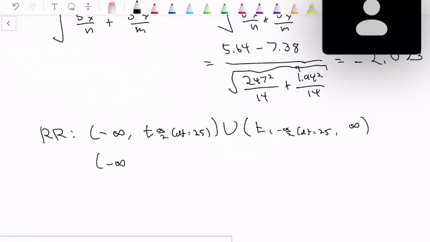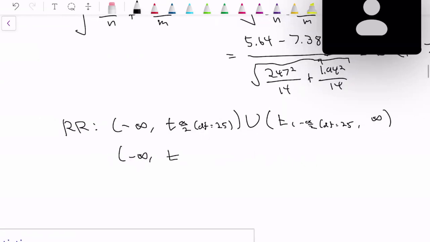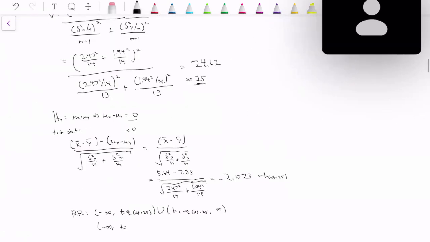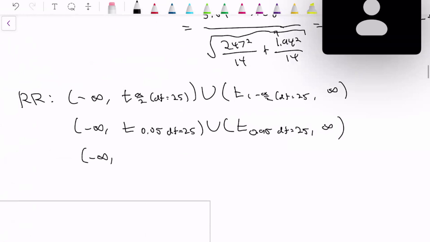Again, you'll be given the table values. So this is negative 1.708 union 1.708. Oh, actually, you know what? I'll write it down. Sorry, what's alpha here? 0.1. So 0.05, t 0.95. And now you just look for the table value.